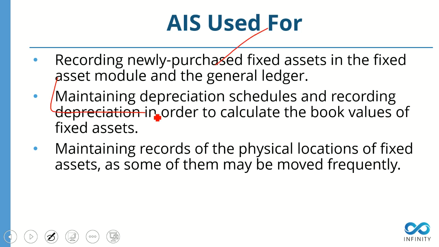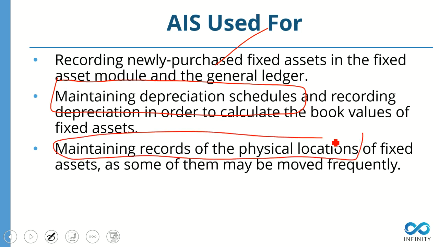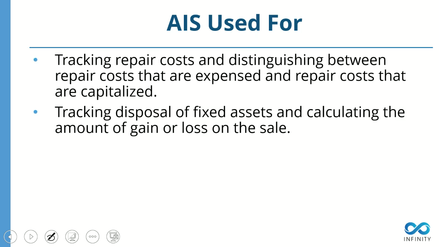Also maintaining a depreciation schedule. This is very important. You can use AIS to maintain your depreciation schedule, and to maintain records for the physical location of each asset. Where is each asset located? To get that information, we can use AIS also.